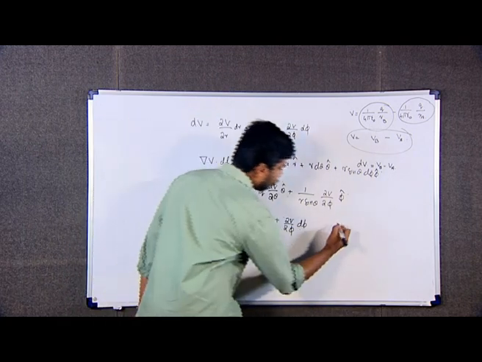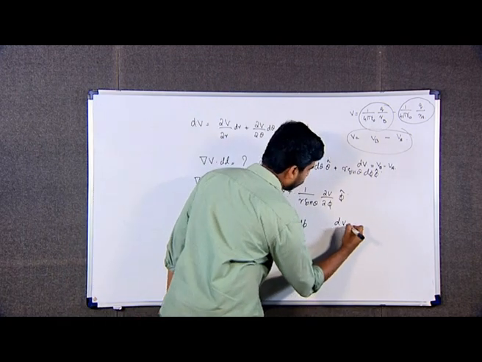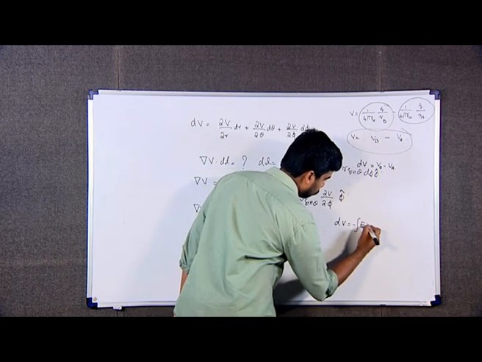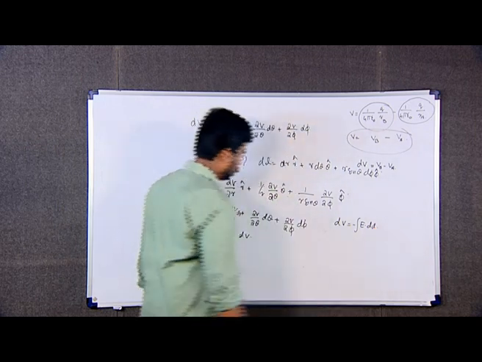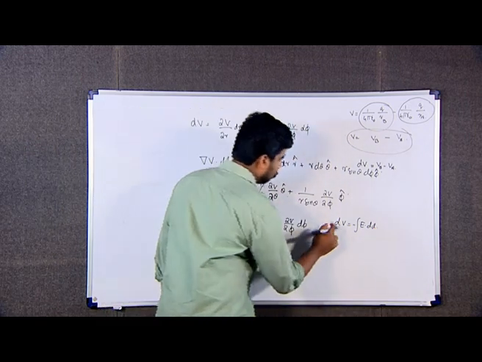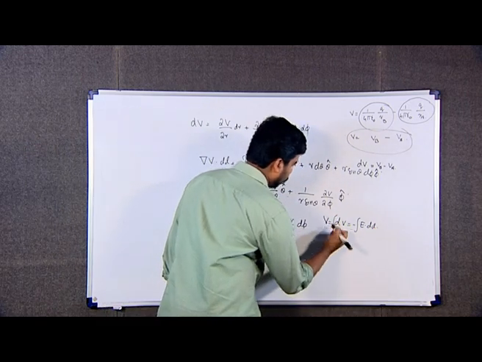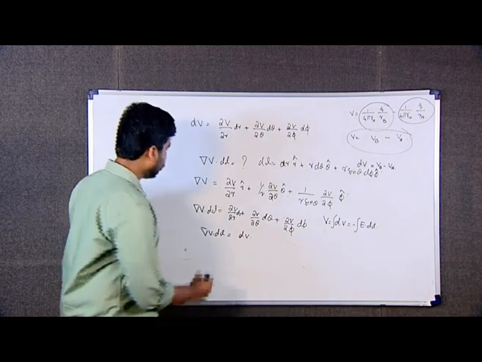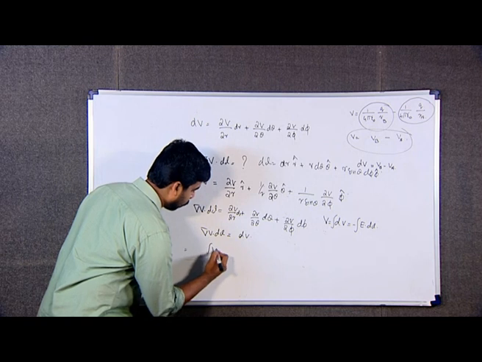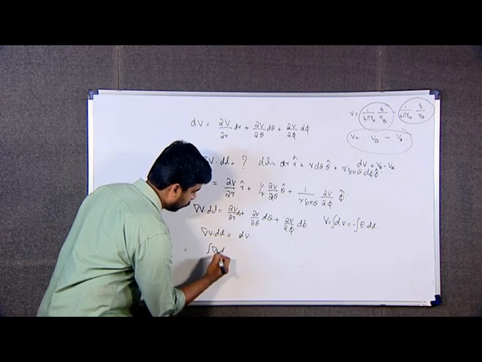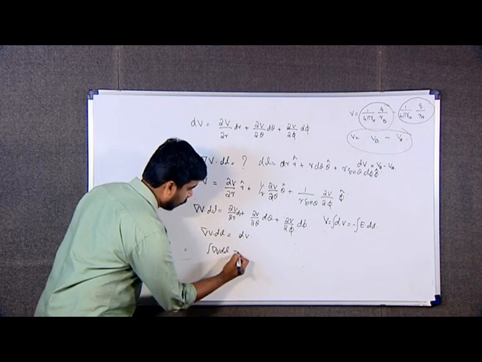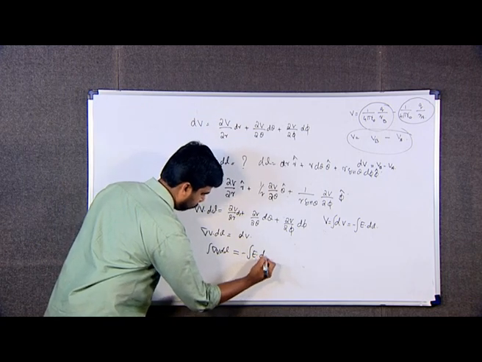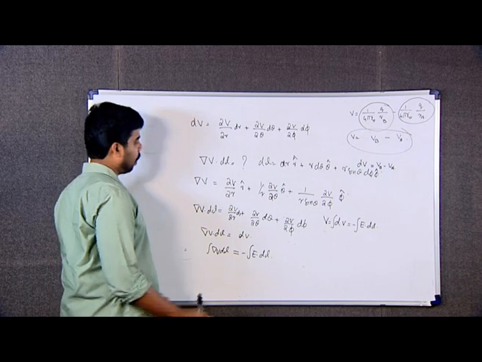So, what is dV actually? dV is nothing but minus integral E dot dl, which is the potential difference. So, I can write it as integral del V dot dl is equal to minus integral E dot dl.